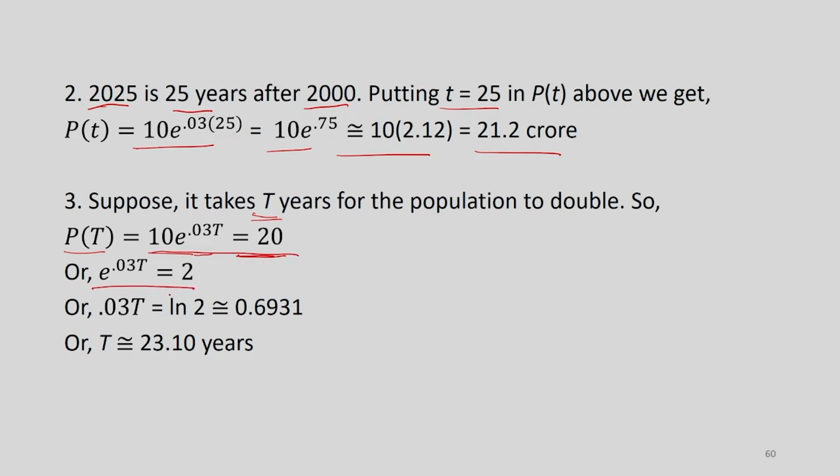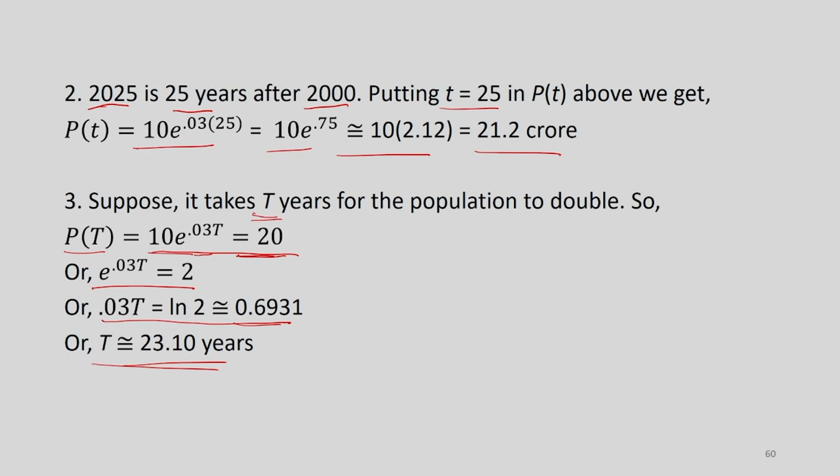It becomes, as you can see, 0.03 multiplied by T is equal to log of 2. Log of 2 is approximately equal to 0.6931. Therefore, capital T is approximately equal to 0.6931 divided by 0.03, that is equal to 23.10 years.